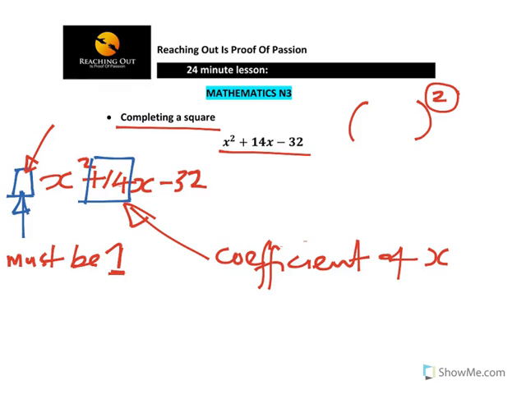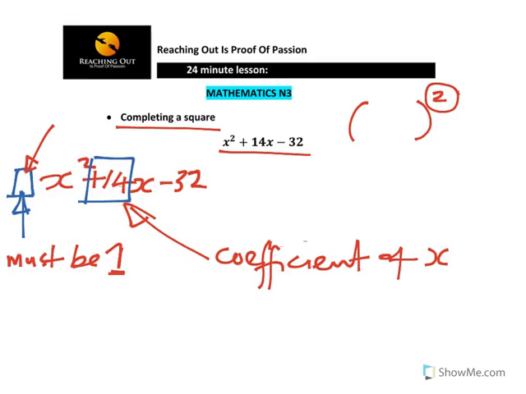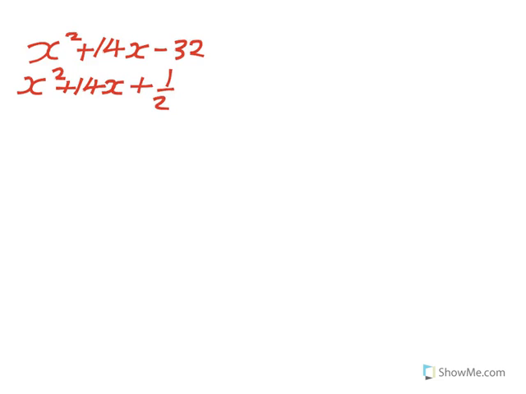It says x squared plus 14x minus 32. Let's complete a square there. What you do is you are going to take the x squared and write it as it is, plus 14x. Now you are going to say plus half the coefficient of x.